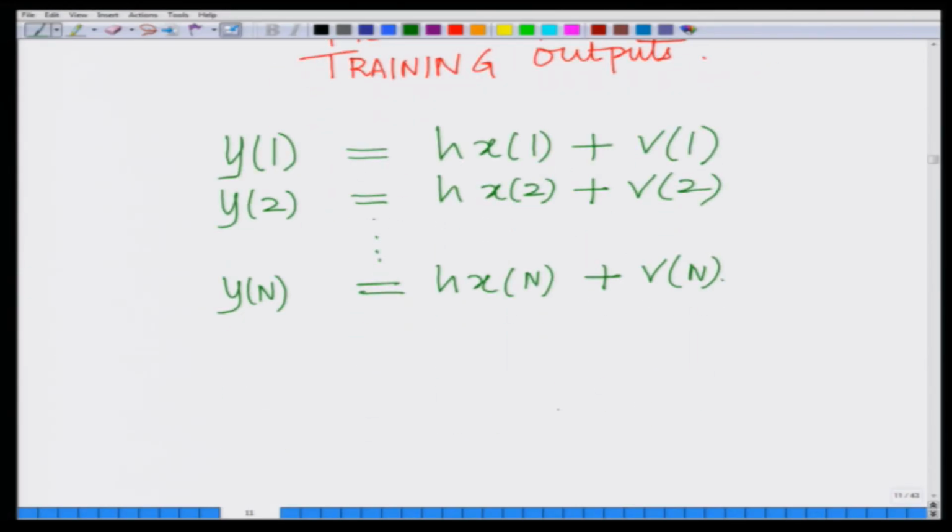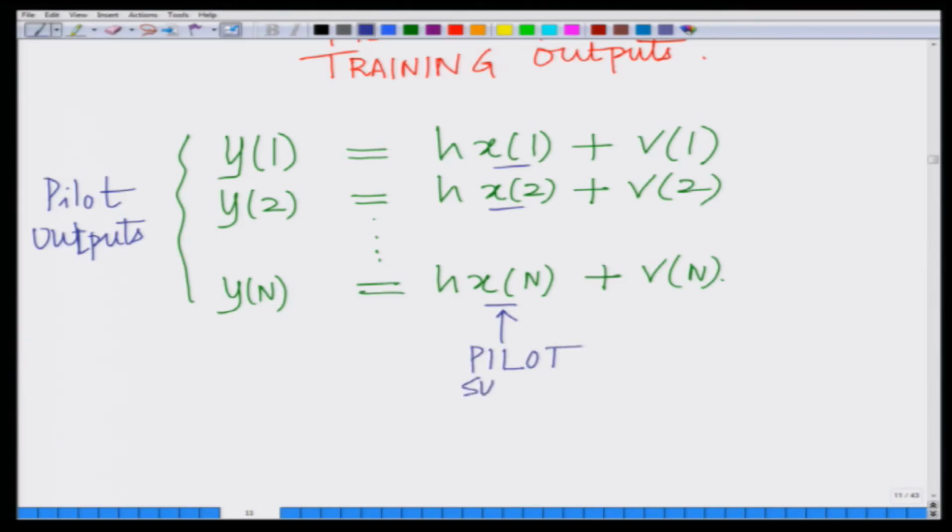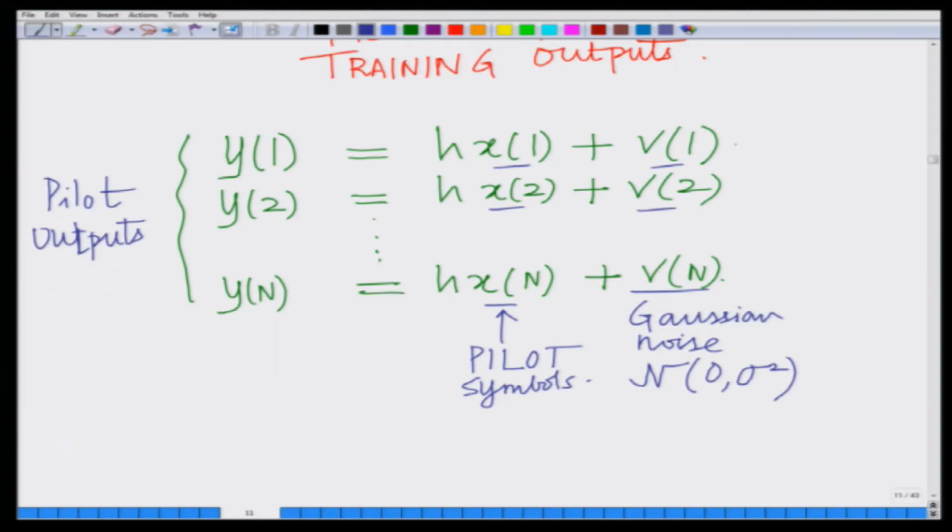As we already said, x1, x2, xn are basically your pilot or training symbols, and v1, v2, vn are the Gaussian noise samples. These are Gaussian noise samples with zero mean and variance sigma square.